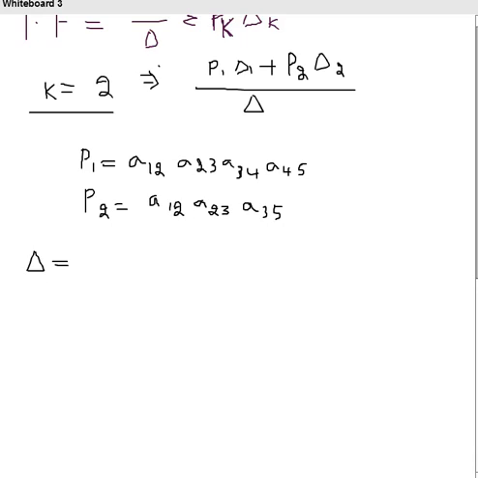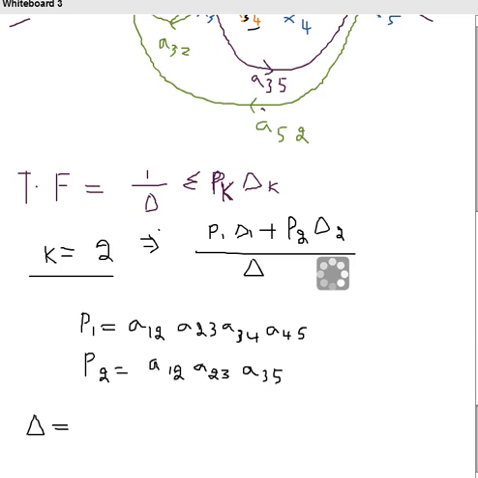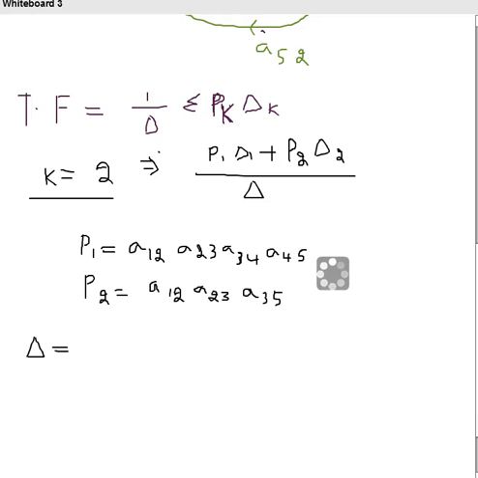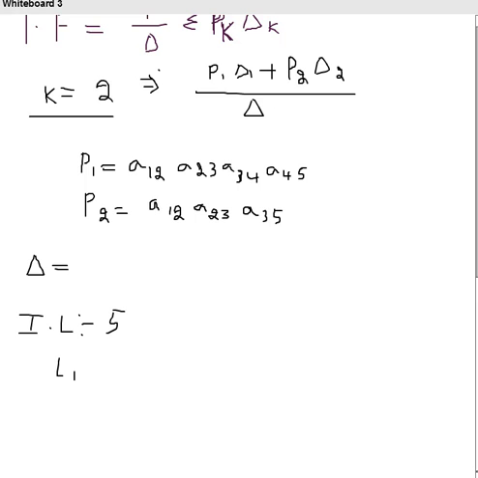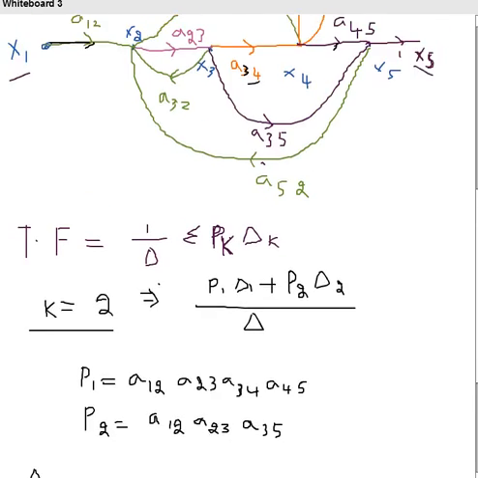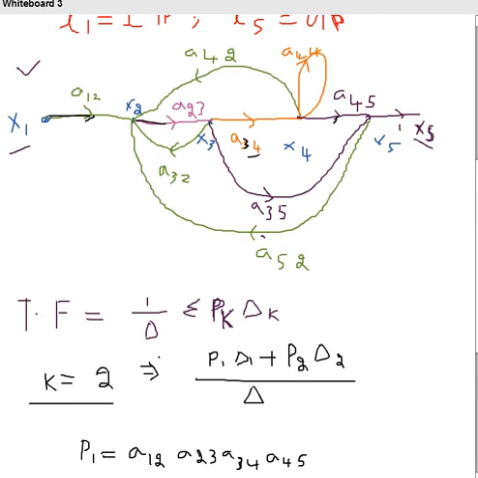X2, X4. I am writing individual loop as IL. So there are 5 individual loops. What are those loop gains? L1 is A23, A32. This loop started and terminates at the same node, X2.